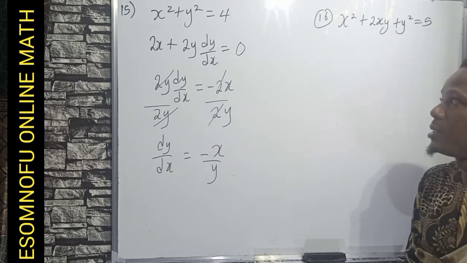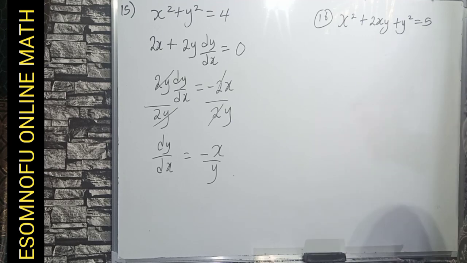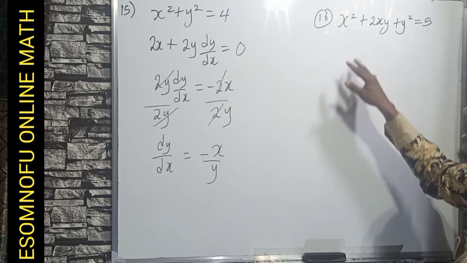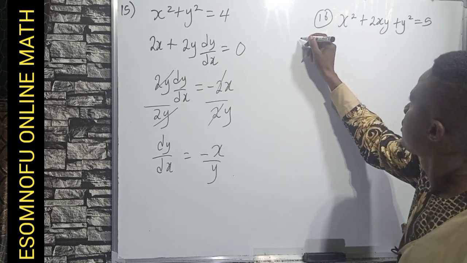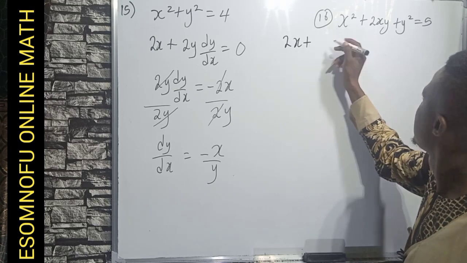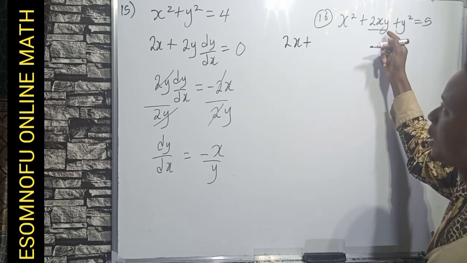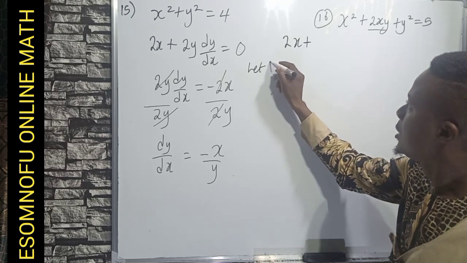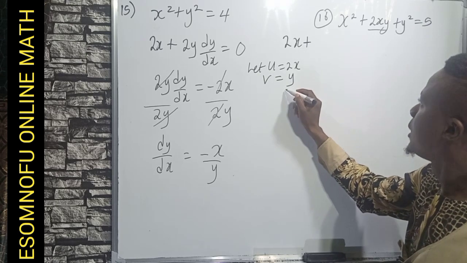In question number 16, we have x squared plus 2xy plus y squared equal to 5. This is yet an implicit differentiation because x and y are written together. So if you differentiate x squared, you must have 2x, plus, this is product rule because 2x is multiplying y. So I can say let u be equal to 2x and v be equal to y.